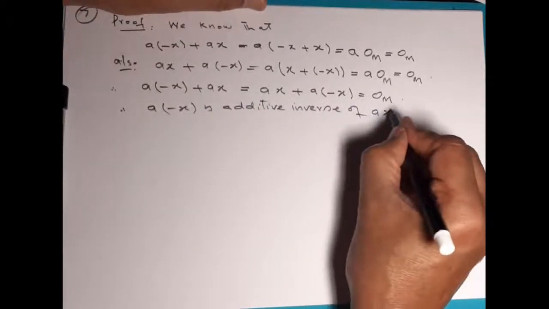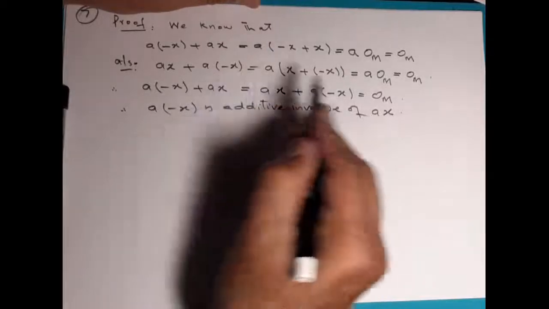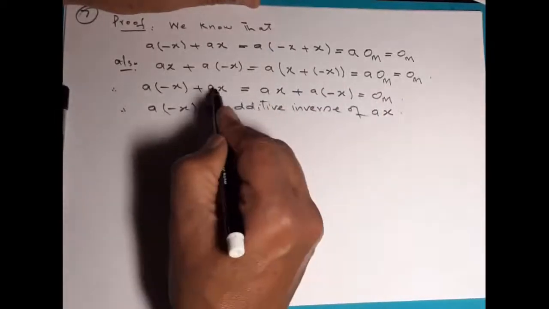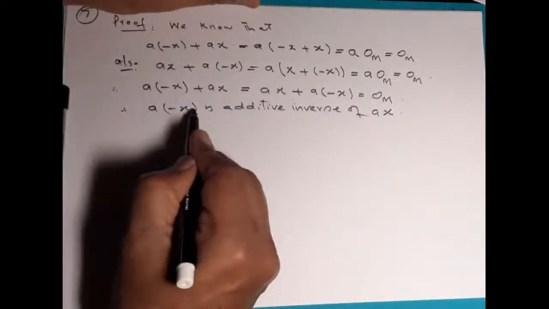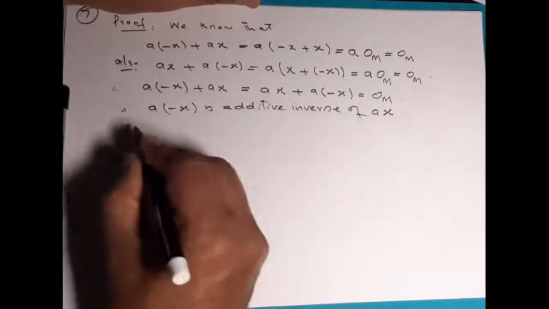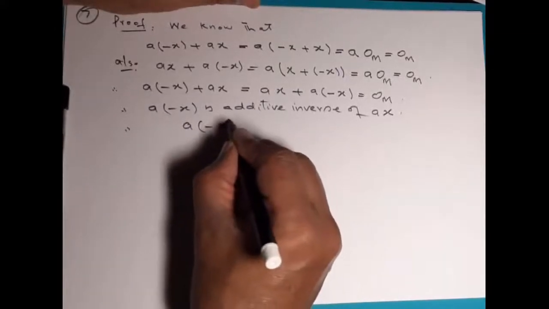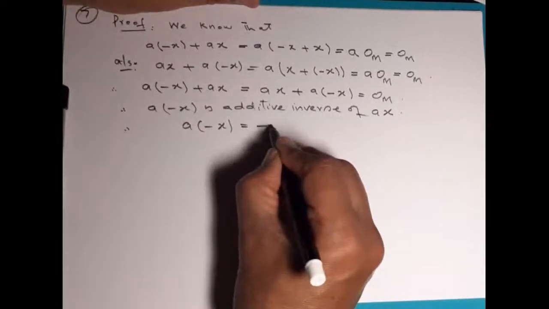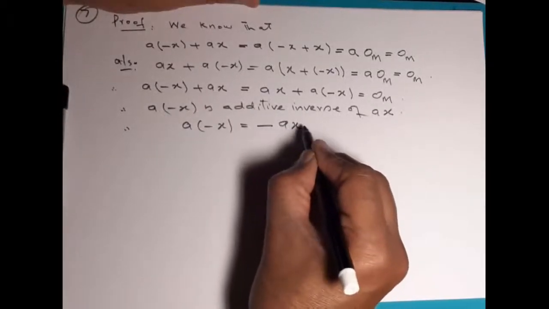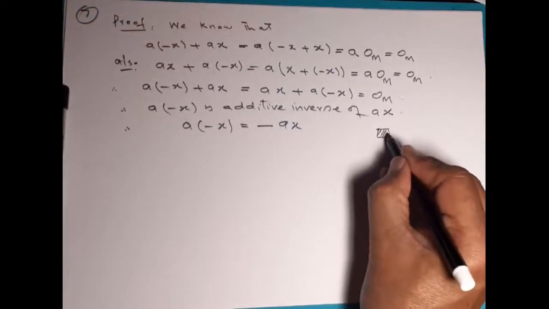This is the definition of additive inverse. This added with Ax is equal to 0. Again, Ax added with this is equal to 0. So this particular thing is the additive inverse of Ax, and therefore A into minus x is equal to the additive inverse of Ax. So we have proved that A into minus x is equal to minus Ax.